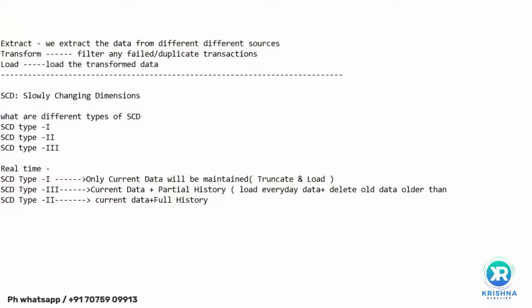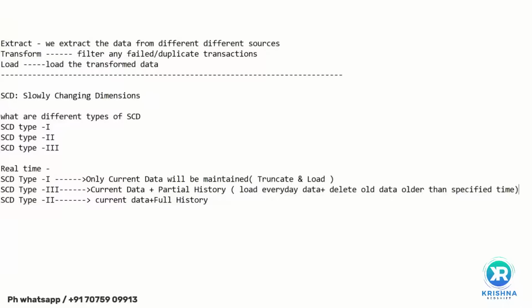Delete data which is older than a specific time. For example, we want to maintain only the current day plus the last 3 months.